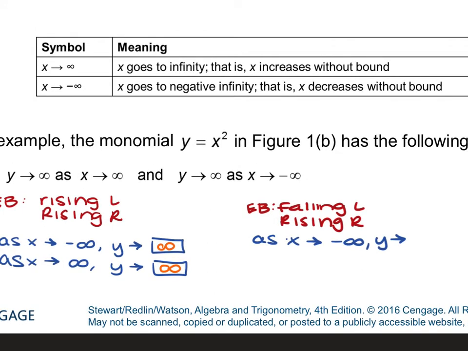We're falling, so that's positive infinity. Then we also have as x goes to positive infinity, y goes to where? Well, as we go to the right, we're rising, so it's going to positive infinity. This should be a negative. Top one here. As we go to the left, we're falling, so that's negative infinity.